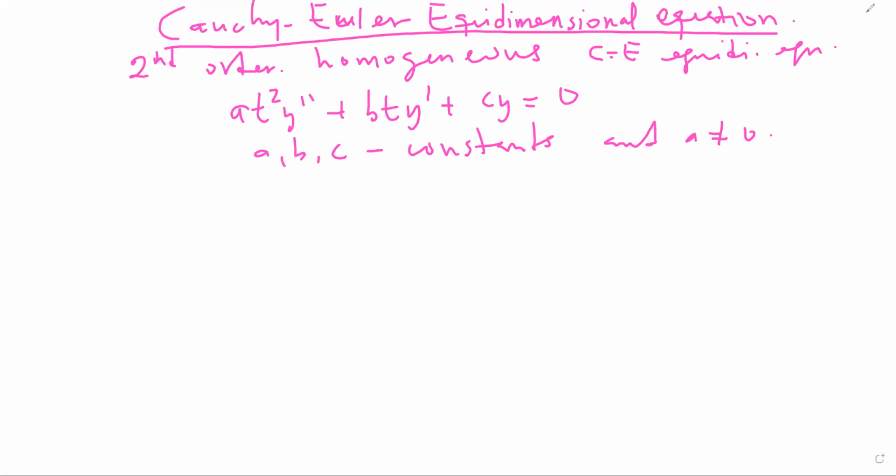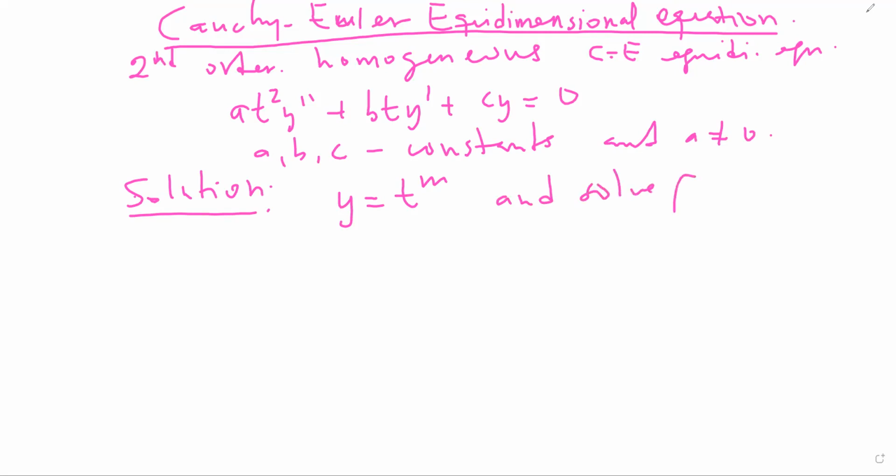So to solve this, to write a general solution, what you have to do is to make an assumption of y is equal to t to the power m, and then solve for m.